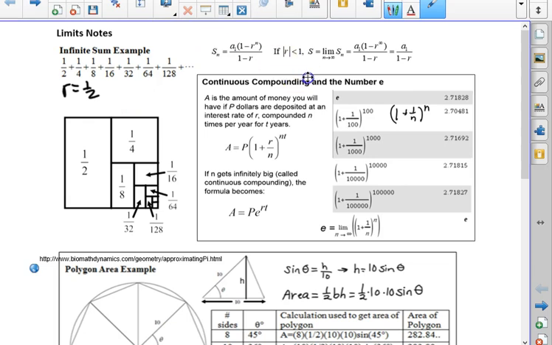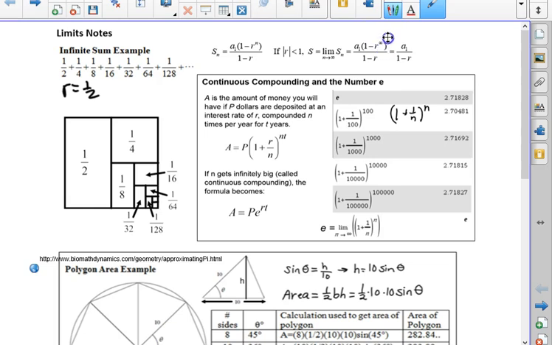And I introduced in the notes just briefly this limit notation here. This is the formula for the sum of a geometric series right here. If r is less than 1, we say that S is the limit as n goes to infinity of the sum of n terms. As n goes to an infinite number of terms, there's an n right here, I raise r to the infinity power, basically.